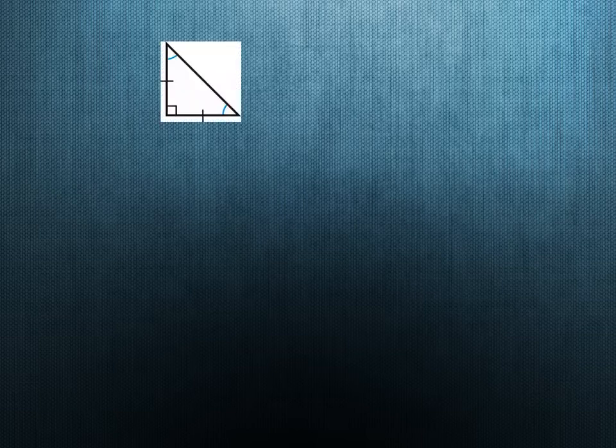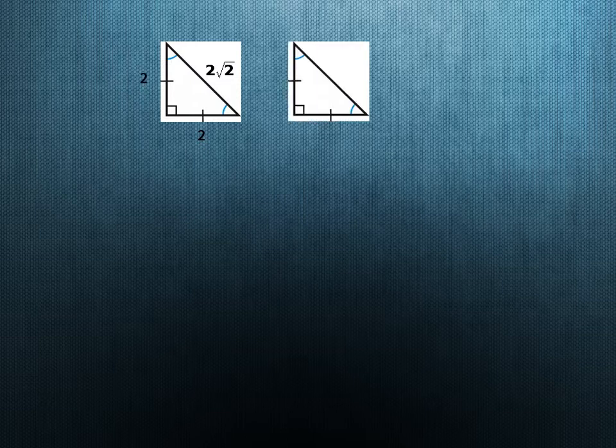Okay, let's have now a recap of what we have so far. On the first 45-45-90-degree triangle, we used side lengths of 2, and we found the hypotenuse to be 2 square root of 2. Then on the second one, we have side lengths of 4, and our hypotenuse turned out to be 4 radical 2.